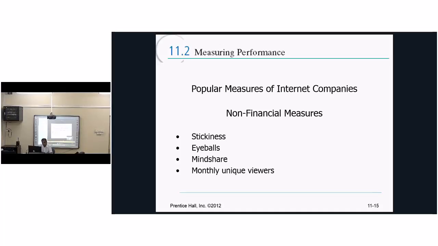For example, on Facebook it can be measured by number of likes, or how frequently somebody is updating his Facebook profile. Then eyeballs: the number of people who are watching a particular post. How many people have viewed your profile? How many people have viewed your update? Number of eyeballs.